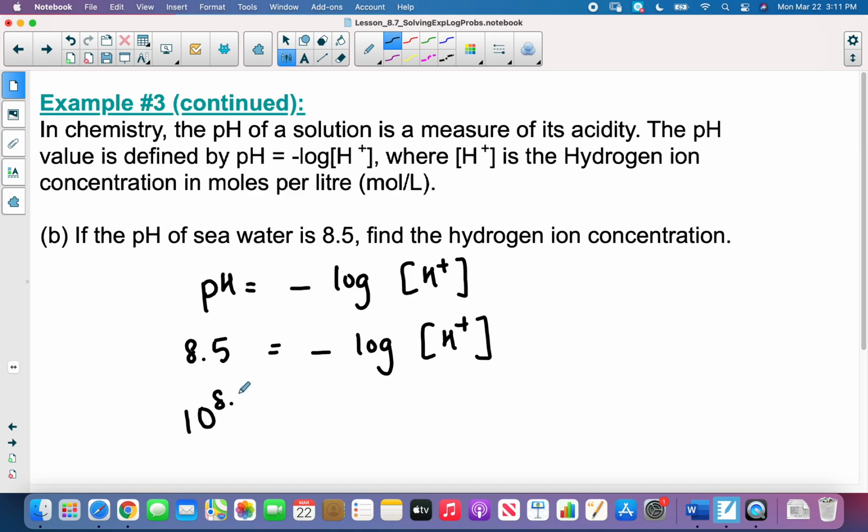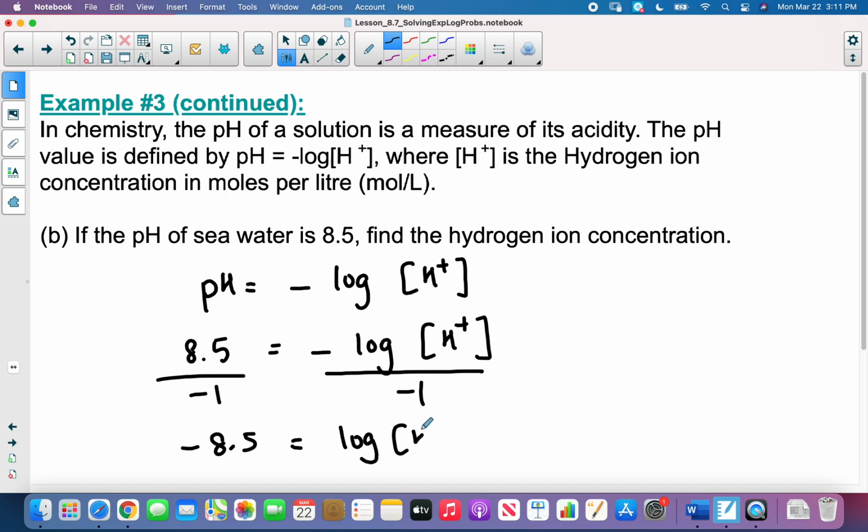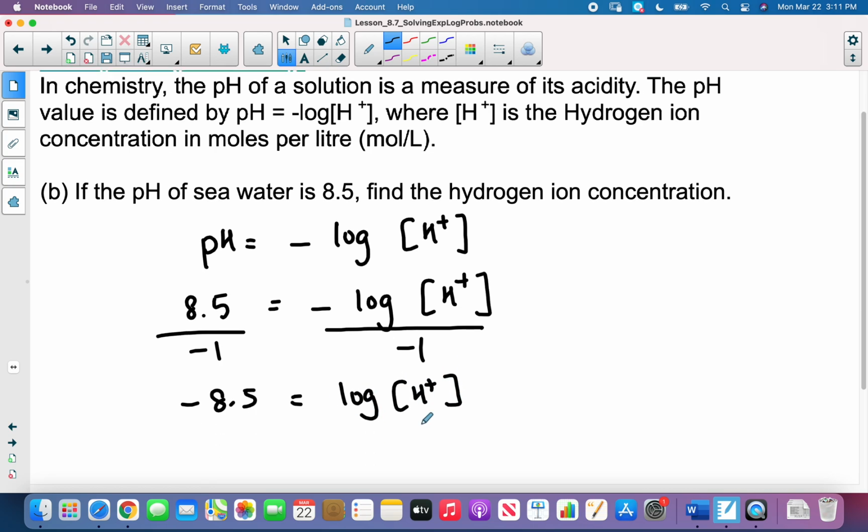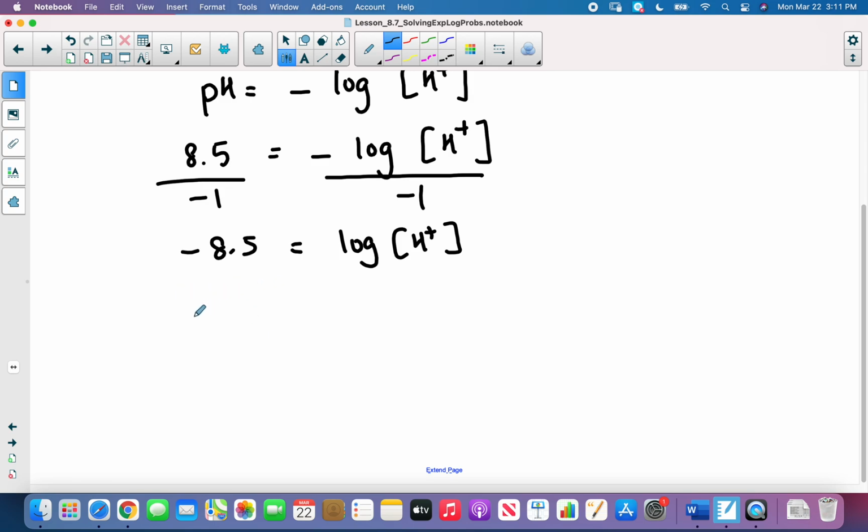Actually, before we do that, let's get rid of the negative on the right side by dividing both sides by negative 1. So we get negative 8.5 equals log of the hydrogen ion concentration. And then take 10 to the power of each side.